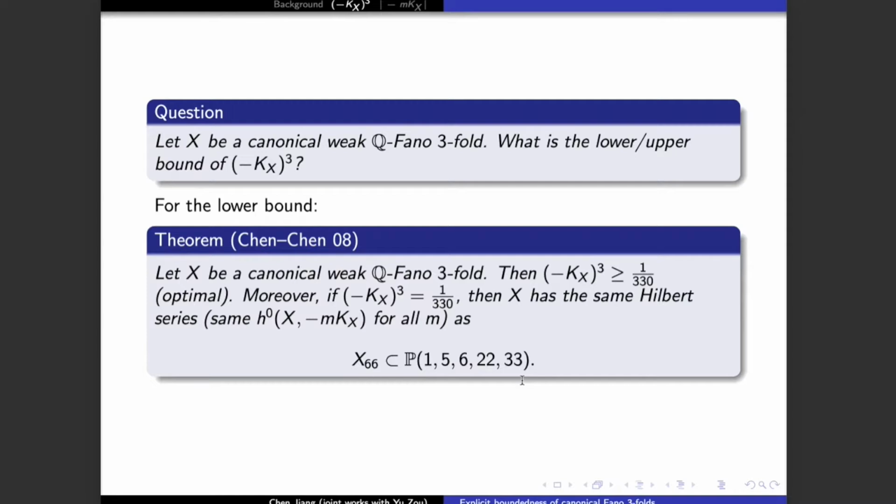So this is the last example in Iano-Fletcher's list of weighted hypersurface Fano threefolds, if you know that list. So this Chen and Chen result just tells us that the lower bound is this number, and this number is attained for this hypersurface.